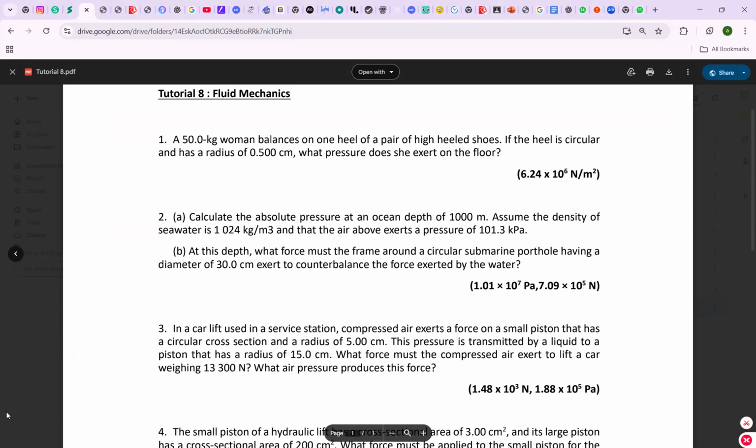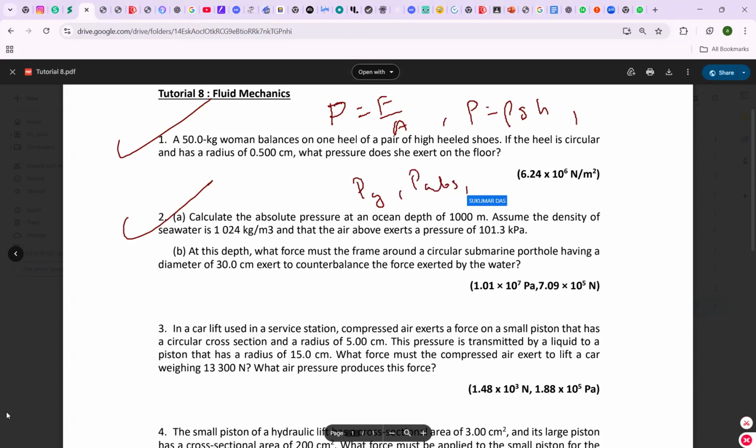Then coming to this, this is done. These two questions were based on the formulas pressure is equal to force by area and pressure is equal to rho gh, and also about the gauge pressure, absolute pressure and atmospheric pressure. These are the 5 concepts based on which the first and second questions were there.